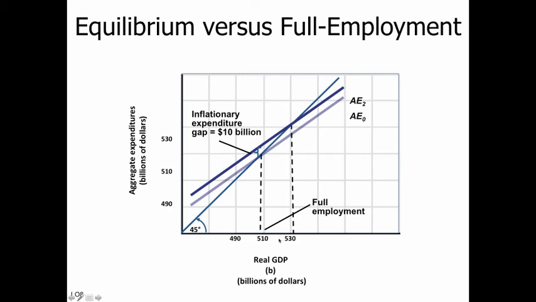We're producing $20 billion too much in the economy, so we need spending to fall. If the multiplier is 2, I need spending to fall by $10 billion. And that's the value of the inflationary gap, or the inflationary expenditure gap: how much we need to reduce spending by to get the current level of GDP back down to full employment.